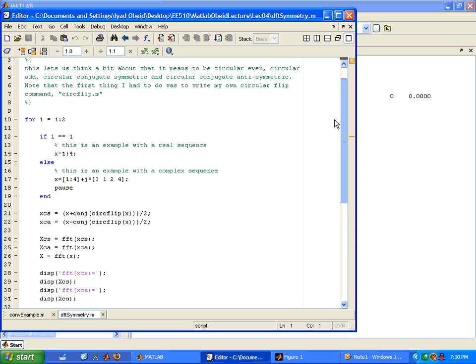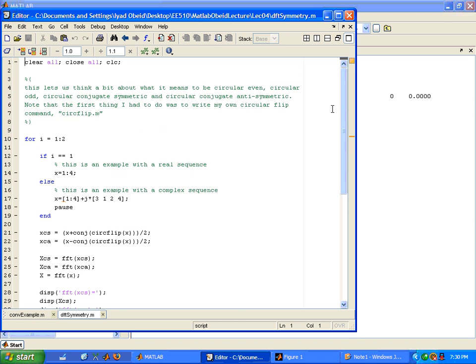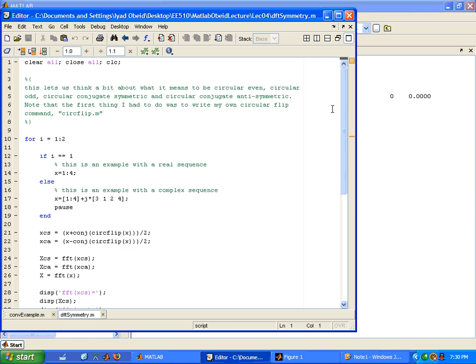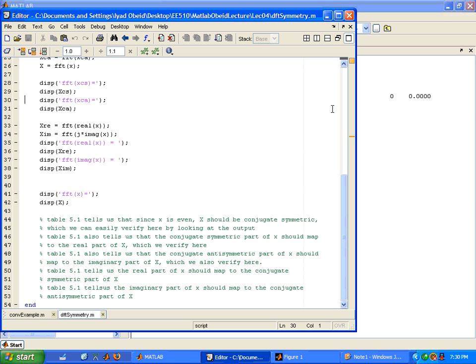This one's kind of cool. Some of the details that we've glossed over so far just have to do with the properties of the DFT. I think this particular file, which I'll post on Blackboard, references table 5.1, which in my book, let me see if I can find that.